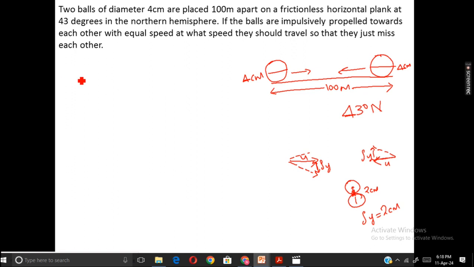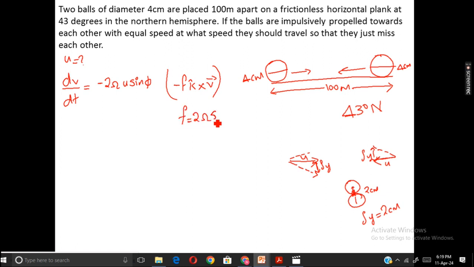Now let's calculate u, which is the velocity of these two balls. Let's start with the Coriolis force. The Coriolis force dV by dt is given by 2 omega u sine phi. Basically the Coriolis force is given by the equation F = 2 omega sine phi, this is the basic equation of the Coriolis force.